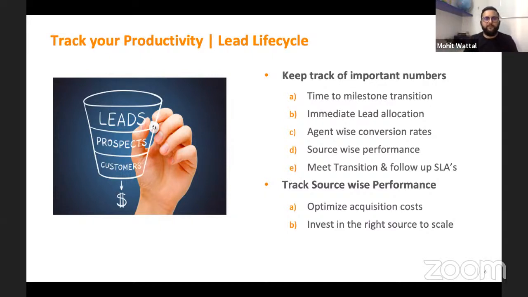Of course, I should invest in both the sources, but I know what is my source wise performance. And if I were to scale, where should I put in that money to get better ROI and eventually low acquisition cost, right? And then there are transition SLAs, there are follow up SLAs in every team that makes calls.